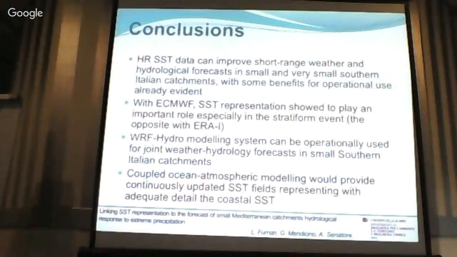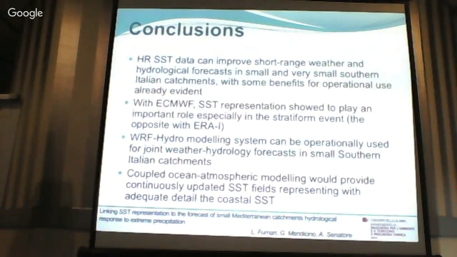But we see that science goes on, and opportunities for modelers go on, because since 2016, for example, we have 9 kilometer resolution in ECMWF, so we have to check again what's the behavior with the operational forecast. Anyway, the hydro modeling system can be operationally used also for southern Italy for weather and hydrology forecasts.